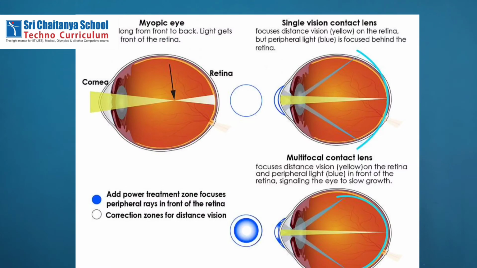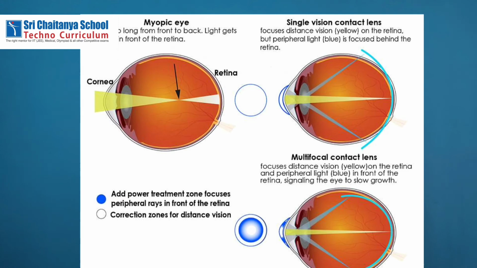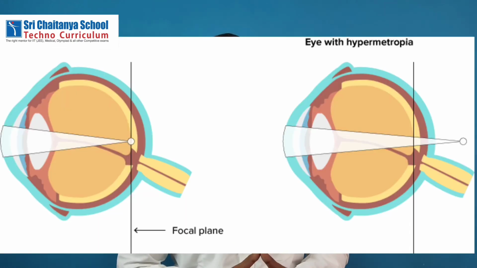These people can only see near objects; they can't see faraway objects because there is a problem in the adjustment of the lens by the ciliary muscles. Similarly, hypermetropia, farsightedness: they are able to see far objects but can't see nearby objects. This is also due to a problem in the adjustment of the lens.